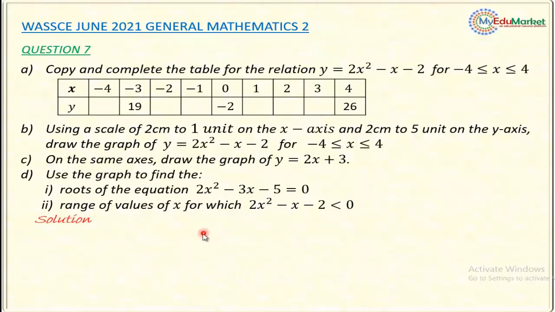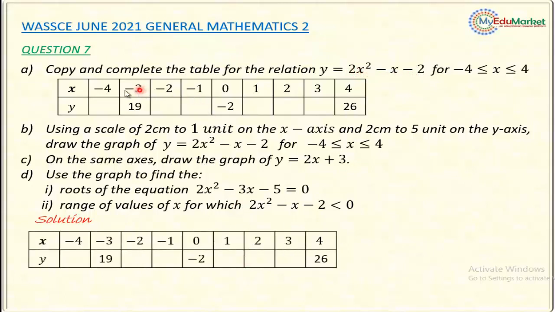Solution: first is to answer question A, where I'm asked to copy and complete this table for the relation y equals 2x squared minus x minus 2. So let me copy the table as it is. This is the table exactly, I copied it, so I'm to complete it.